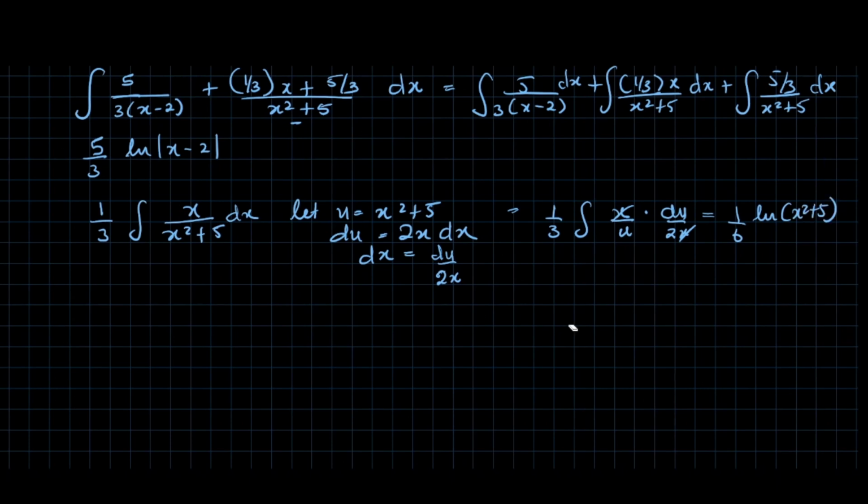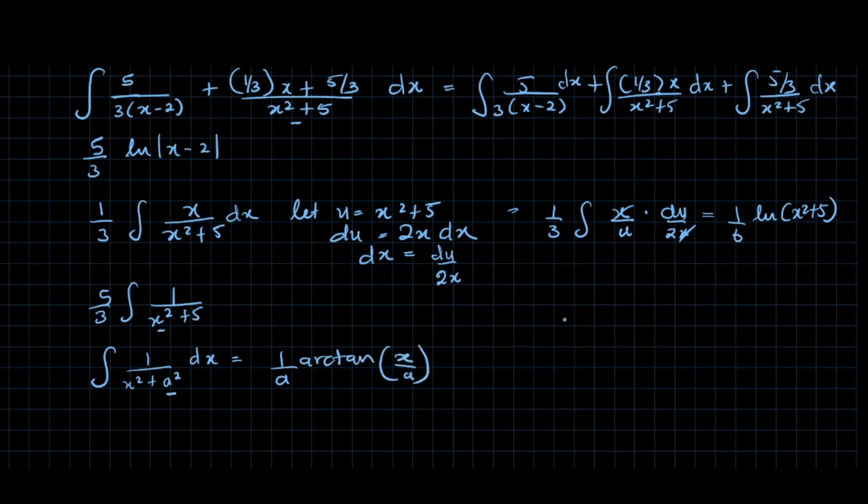And then the last one is a bit tricky. 5 over 3 comes out, because it's a constant, leaving 1 over x squared plus 5. We see this is a square, so we're going to have to use a standard integral: the integral of 1 over x squared plus a squared dx equals 1 over a arctan of x over a.